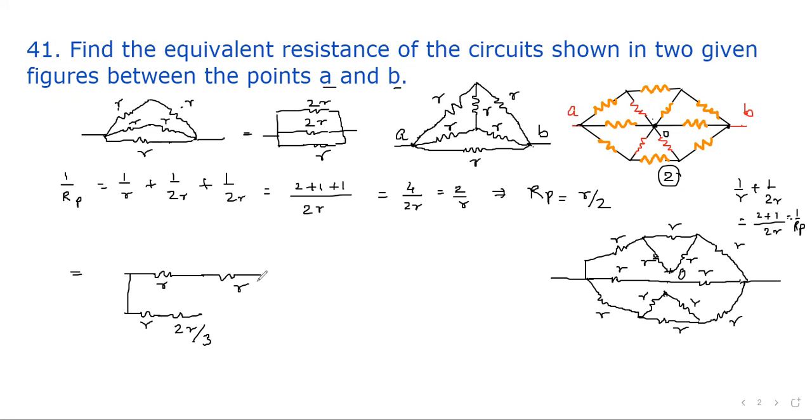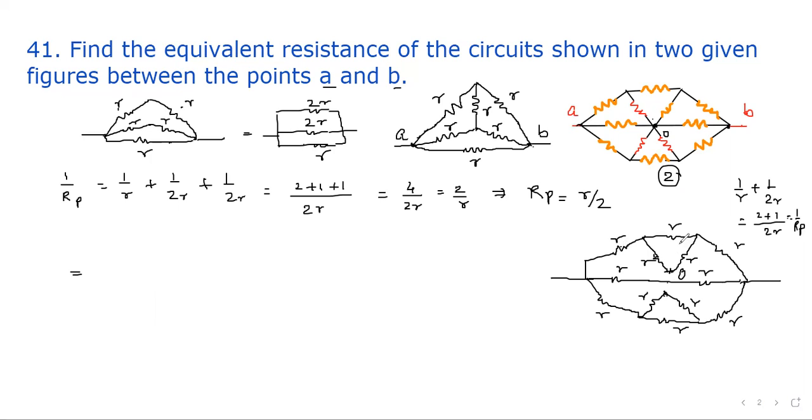And here also, this will be 2R by 3. Let's rewrite it because there is slight confusion. Here, this is R, and from here RP will be 2R by 3.